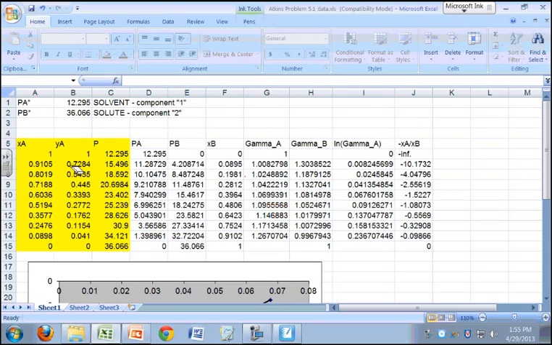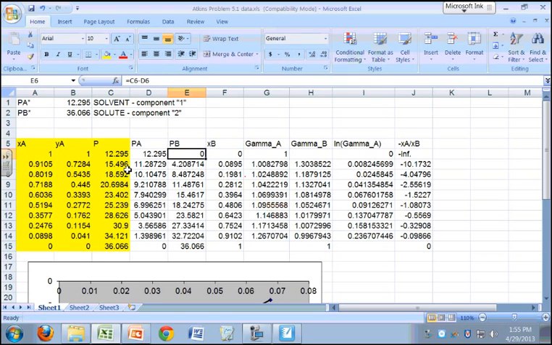If you look at, for example, this one right here, that's just B7, column B, row 7. That's the mole fraction of A in the vapor times the vapor pressure. That gives you the partial pressure of A in the vapor. So I just copied that down to the rest of the column.